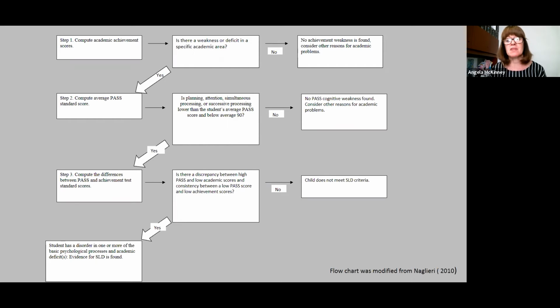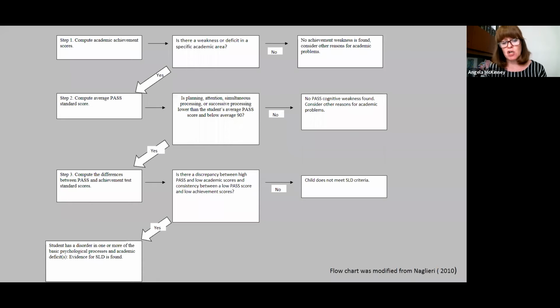And again, the manual kind of walks you through this, but this is the simplest method that I have seen as far as steps in the book. And then you're going to look for those different discrepancies and consistencies. And that points you in the right direction.